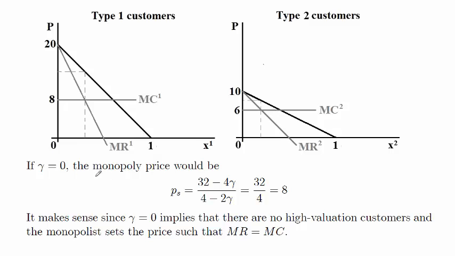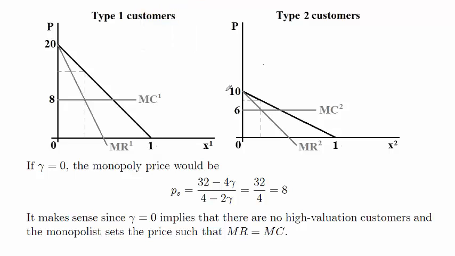Now we're just going to plug in the value of gamma equal to 0, and this is going to be real simple. The price will be 32 over 4, which is equal to 8. So basically that's what we were saying.